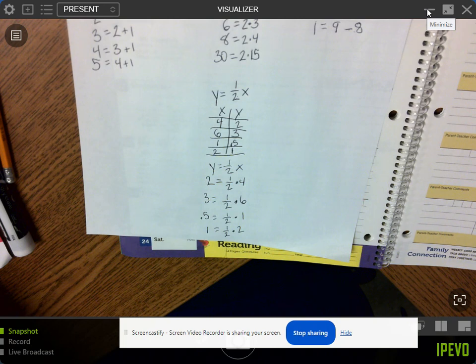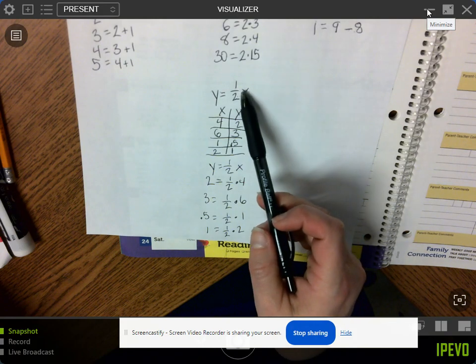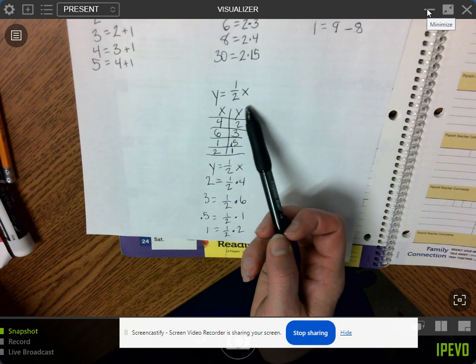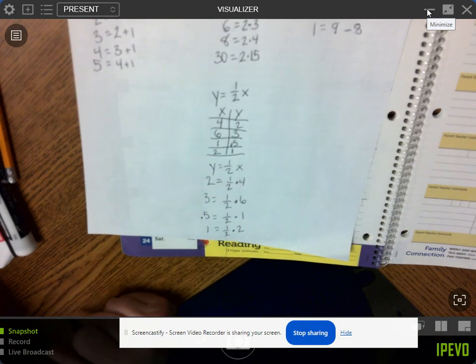Amanda? It could be, but you want to make sure that any input you put in, it's easy for you to work with. So I wouldn't want to put in 9. Personally, I wouldn't put a 9 in for my input here because a half of 9 isn't a whole number.